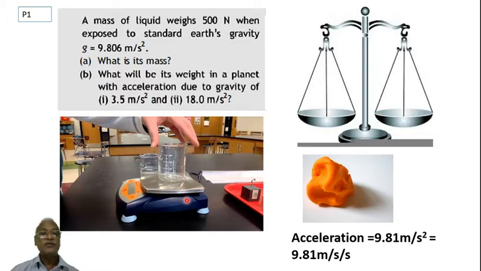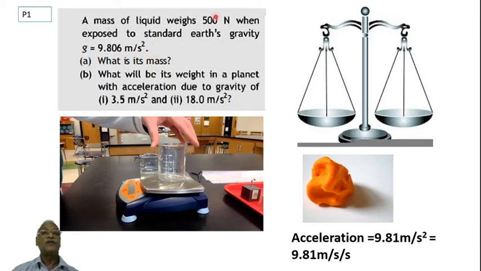Even in this balance, when an object is put on it, the force will be felt on this pan. Even if you press it, when you apply a force, it shows some reading, right? Force means weight, so weight will be measured. Mass cannot be measured directly. That's why it's an indirect measurement.